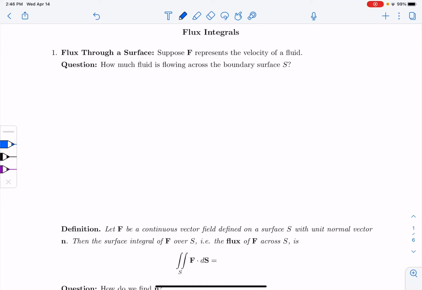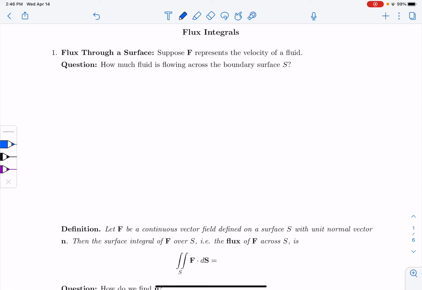Today we will talk about a specific type of surface integral that describes the flux through a surface. And in order to understand what the flux through a surface means, we will think of our vector field F as representing the velocity of a fluid.